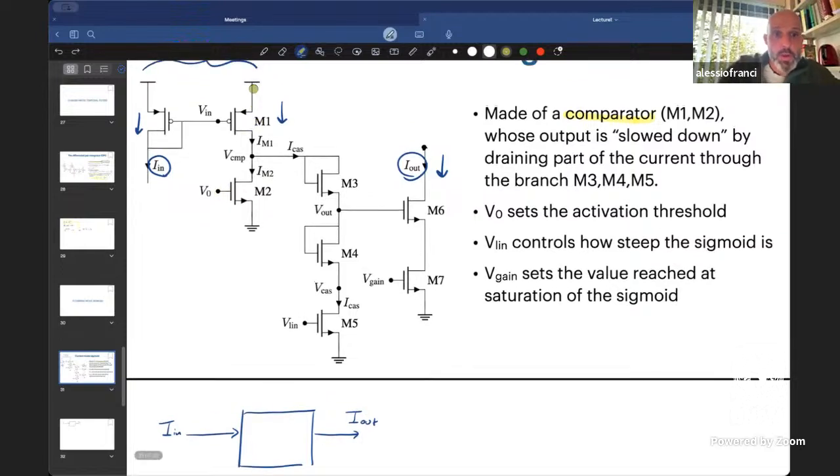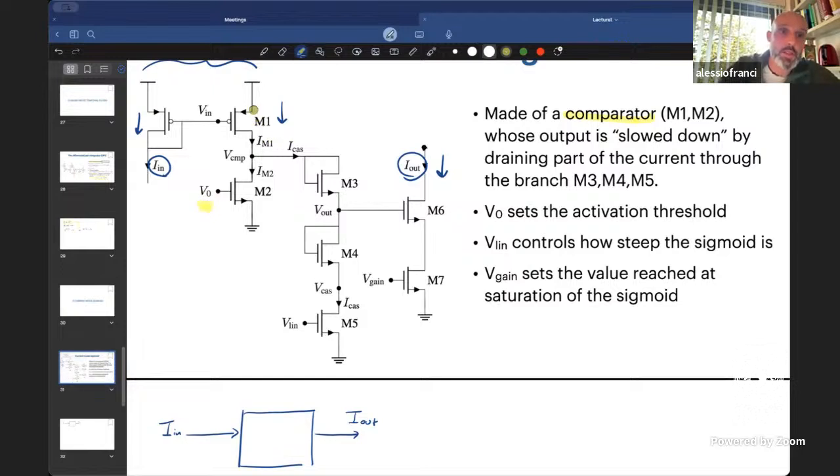So now, because you have this branch that connects the transistors, this means that if the voltage here is low enough, then this PMOS will be on and you will force current through this branch. Whereas if this voltage here is too high, then this PMOS will shut down and no current will be flowing here. And the threshold at which you turn the current on and off is determined by V0.